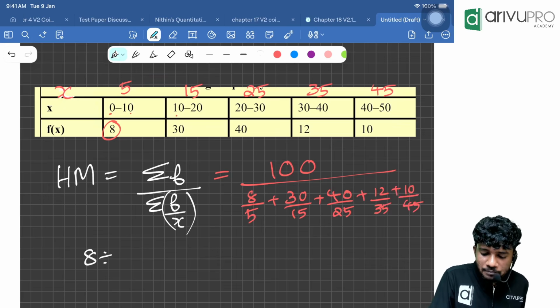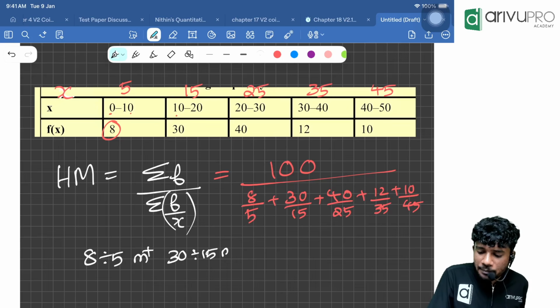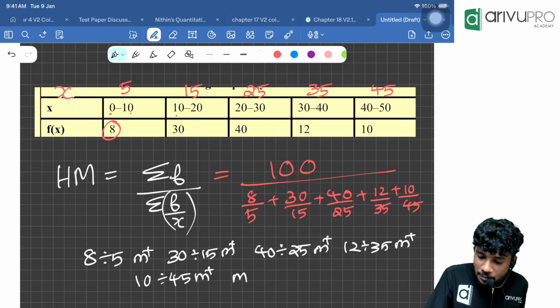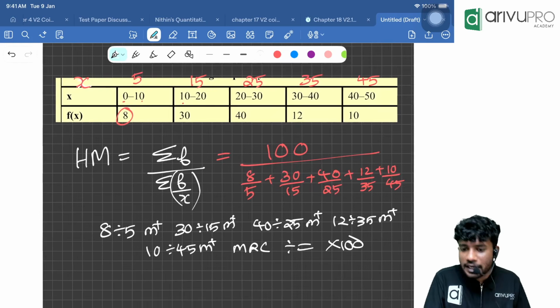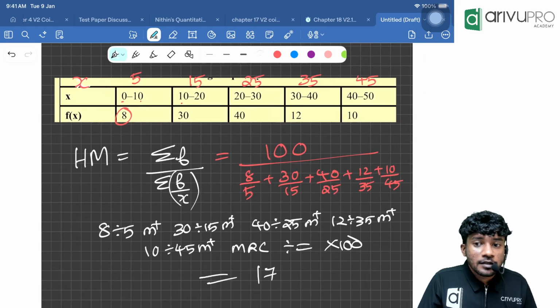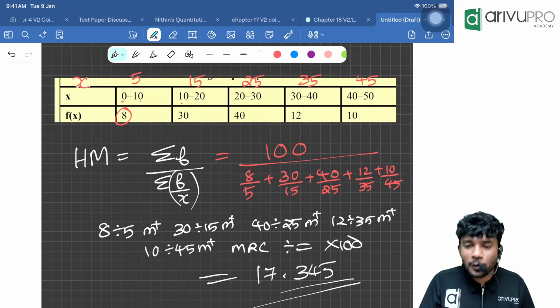Denominator how to find? 8 by 5 plus 30 divided by 15 plus 40 divided by 25 plus 12 divided by 35 plus finally 10 divided by 45, then 100 divided by that. 17.345 something you are getting.